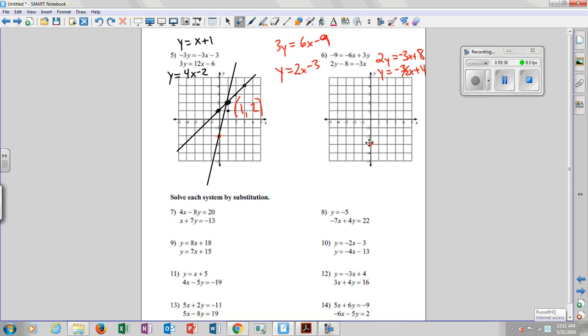Graph the first equation, make a dot at -3, go up to right 1. Second equation, go up 4. Go down 3, right 2. Down 3, right 2.